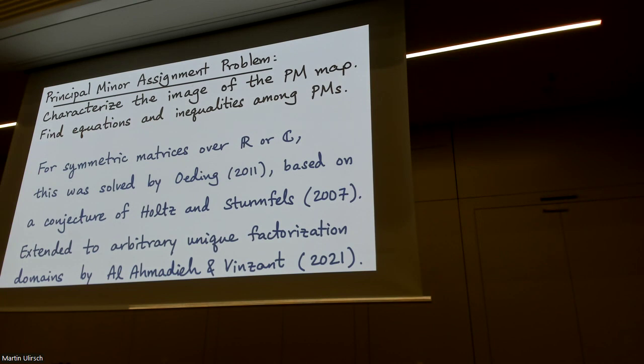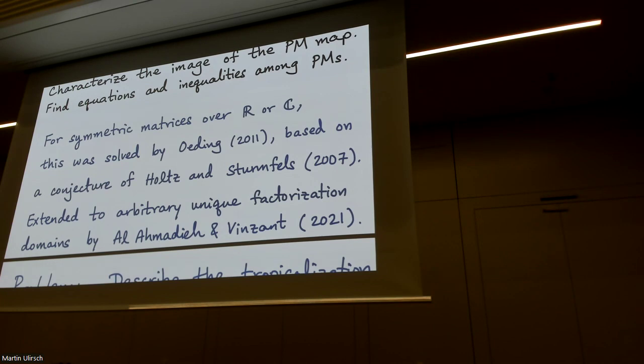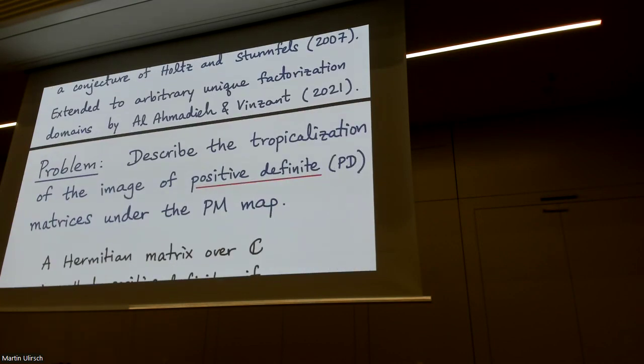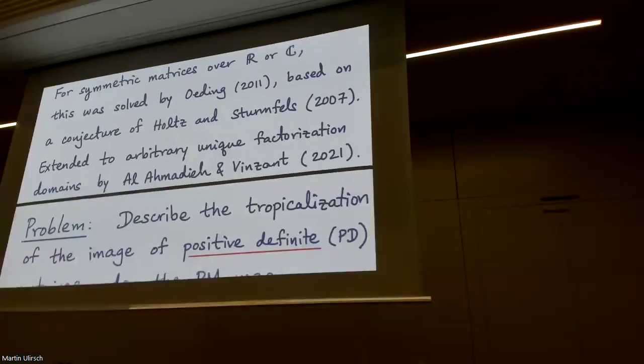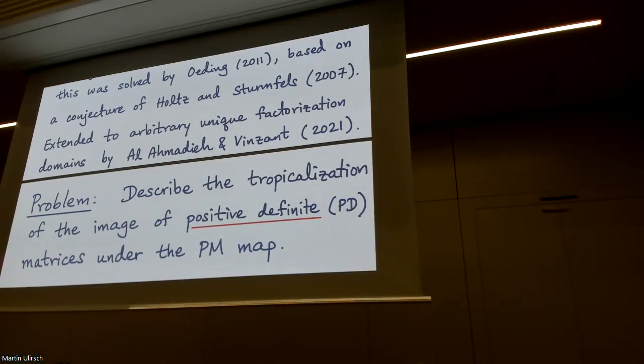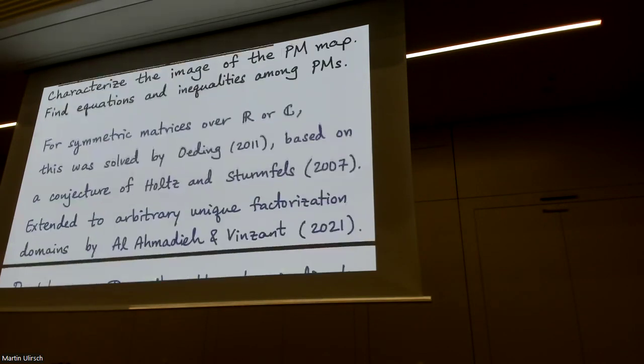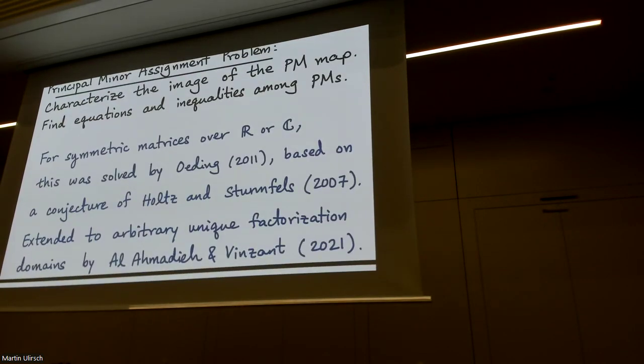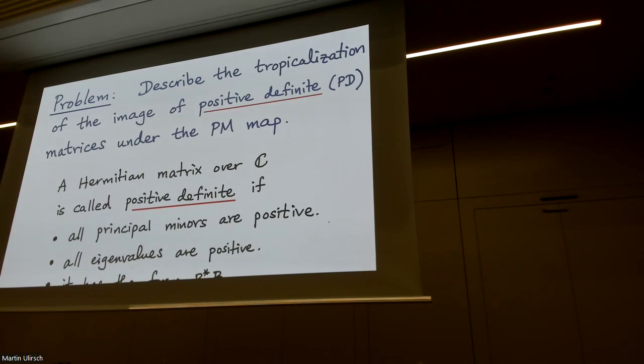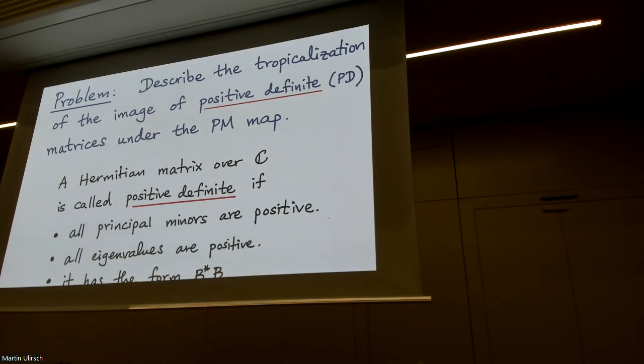So our setting is inspired by this work, but we're looking at a more restricted but very important family of matrices called positive definite matrices. They were looking at all symmetric matrices, right? So we want to look at the tropicalization of the image of the principal minor map on the positive definite matrices.